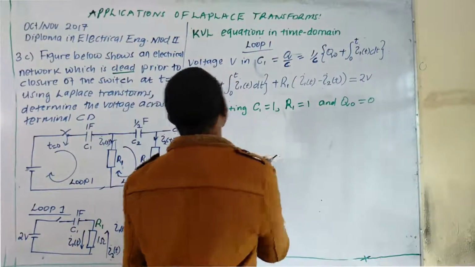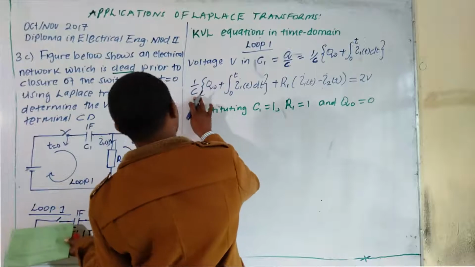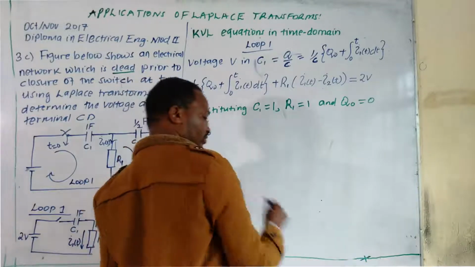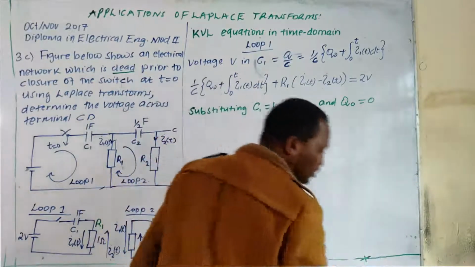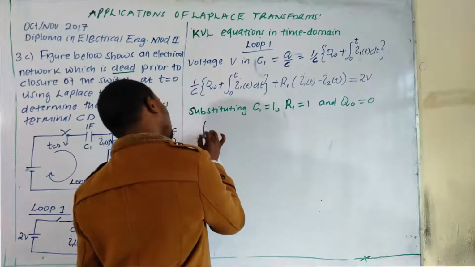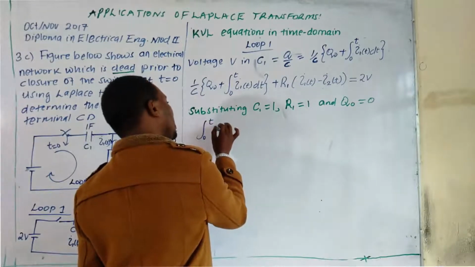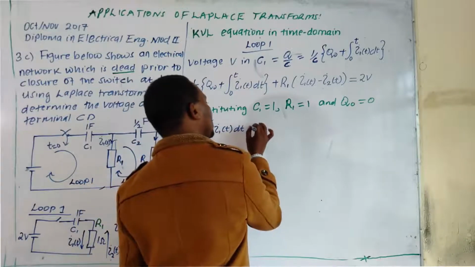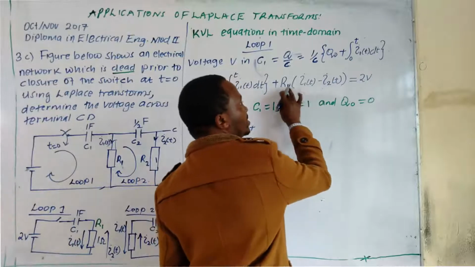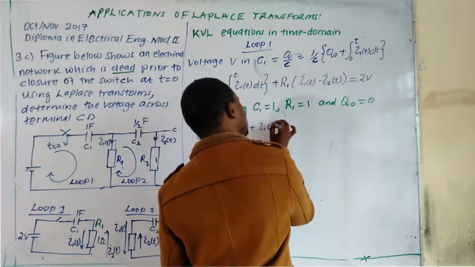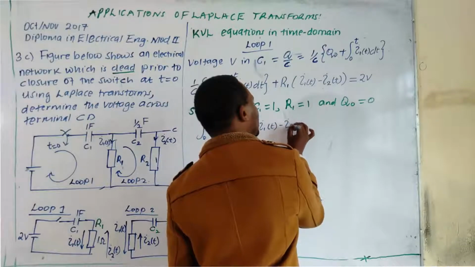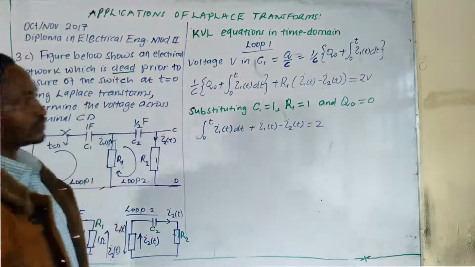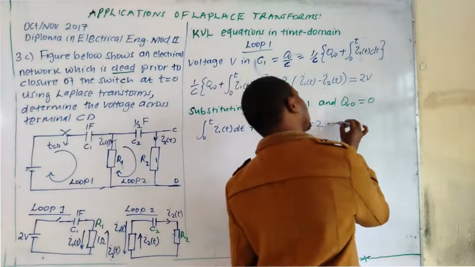You have the equation for voltage. This is equal to 1 farad, this is equal to 0. Integral from 0 to t of I1 of t with respect to t, plus 1 times I1 of t minus I2 of t is equal to 2. Let us call this one equation 1.